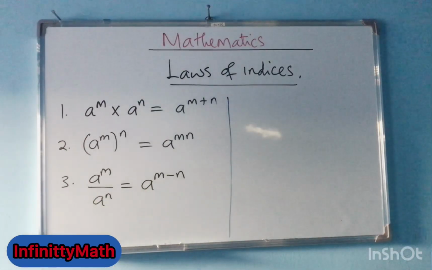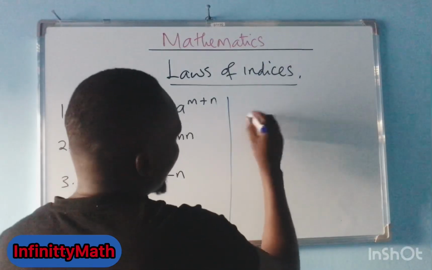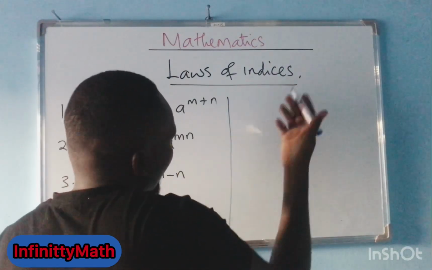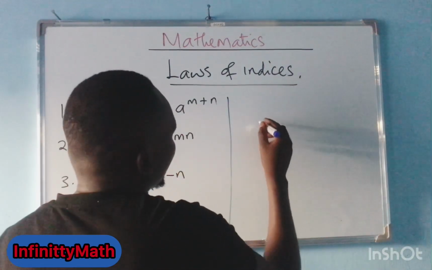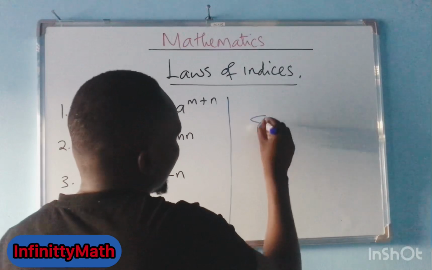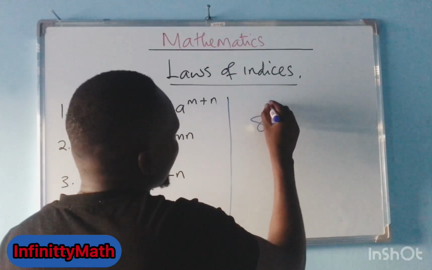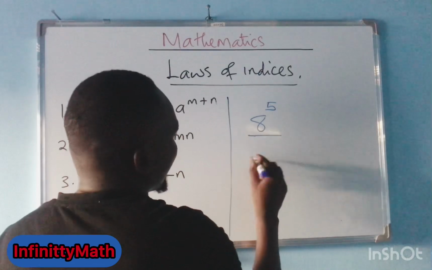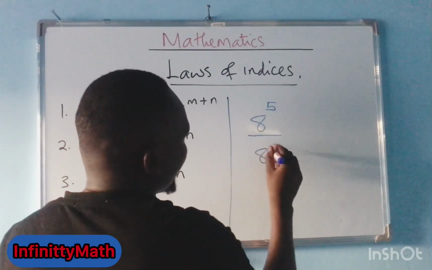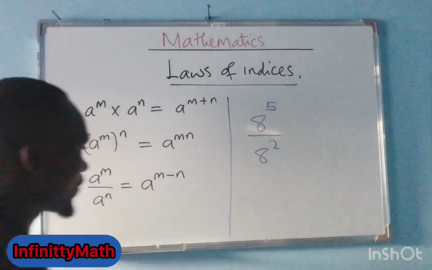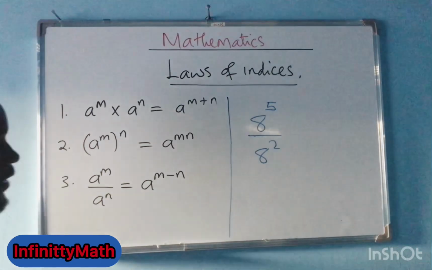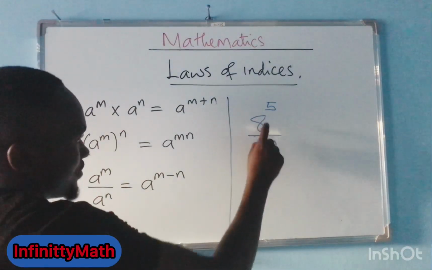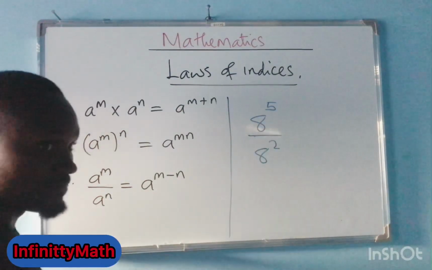So let's look at it from this aspect. Let's say you have 8 raised to the power of 5, over 8 raised to the power of 2. What that means is that when you have the same base but different exponents, you are dividing.